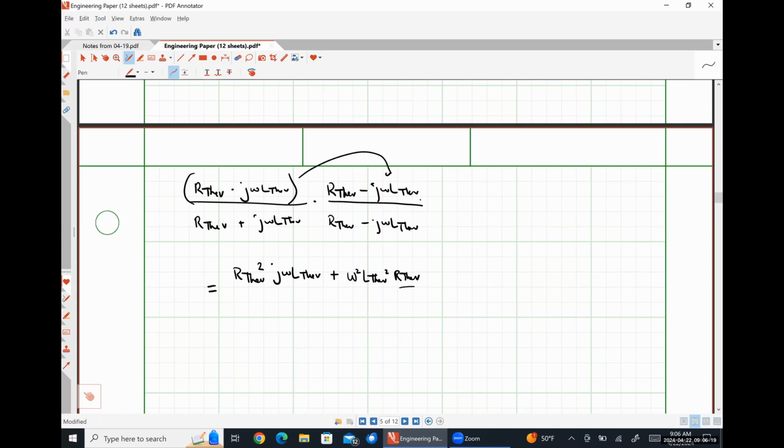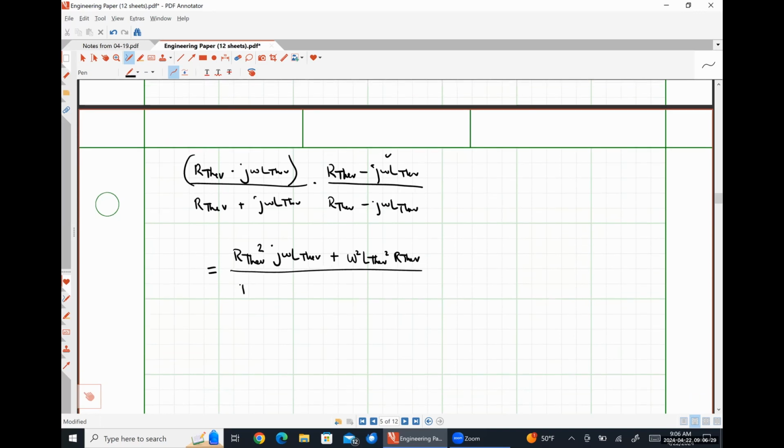Okay, so I think I did it correctly. And then down here, I would have R Thev squared plus omega squared L Thev squared.